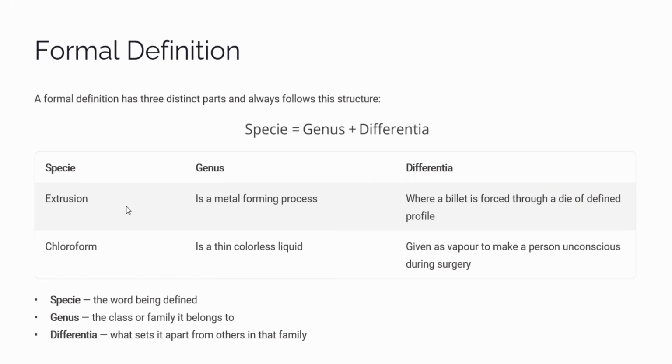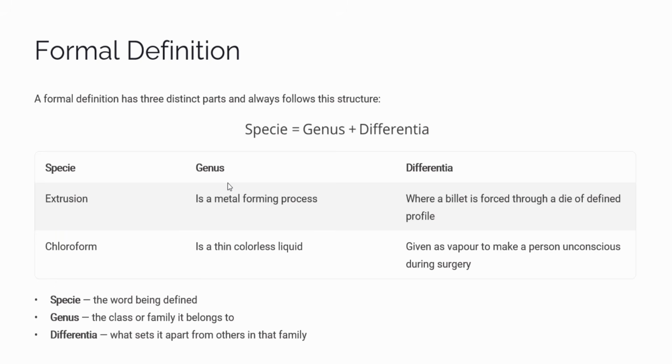It has three structures. Take for instance, extrusion is a metal forming process where a billet is forced through a die of defined profile. Now, I've defined the word extrusion, but I've given it a formal definition, so there is a breakdown. If you look at the specie, that is where the word is being defined. The genus is the class or family where the word belongs.